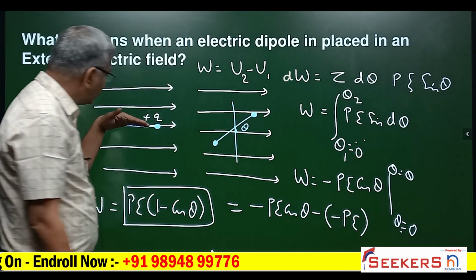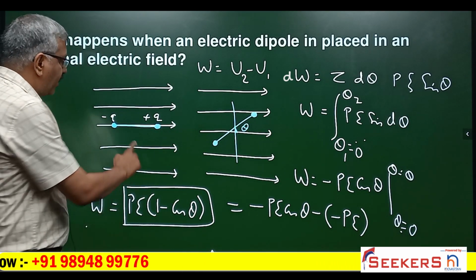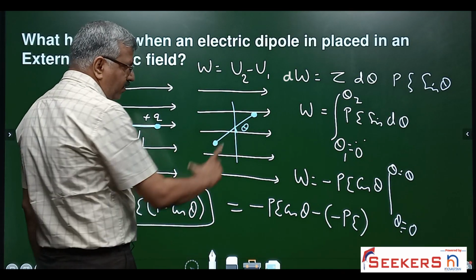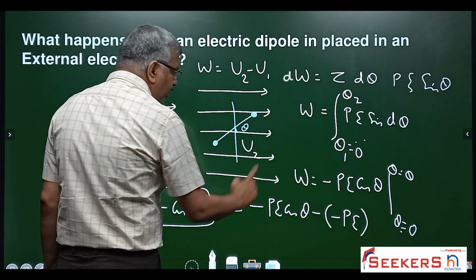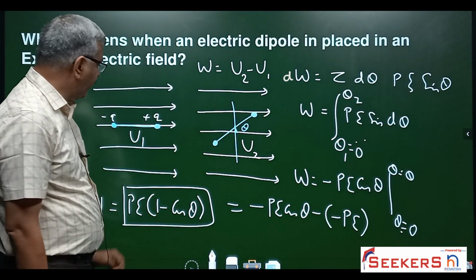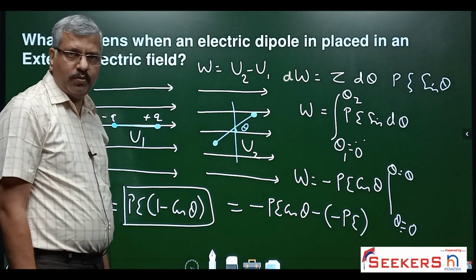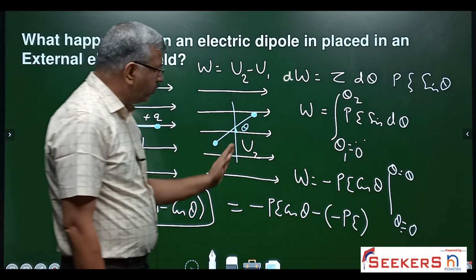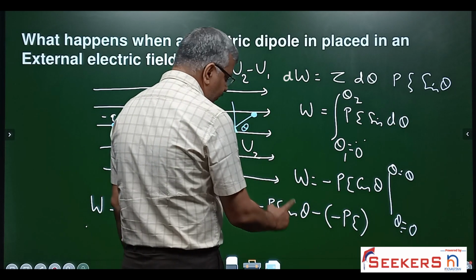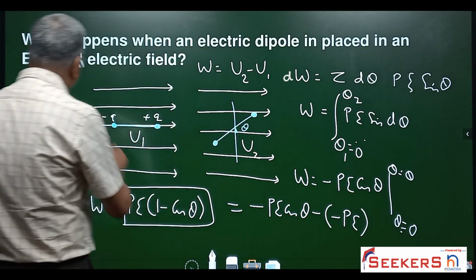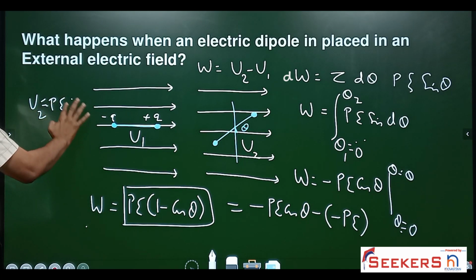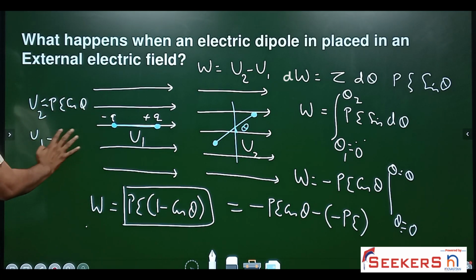In this case, when the dipole is in the initial situation, the potential energy is U1. When the dipole is in this configuration, the potential energy is U2. So this is U1, this is U2, and the change in potential energy gives you the work done. Here U2 is equal to minus PE cos theta, and U1 is equal to minus PE cos 90... both negative.